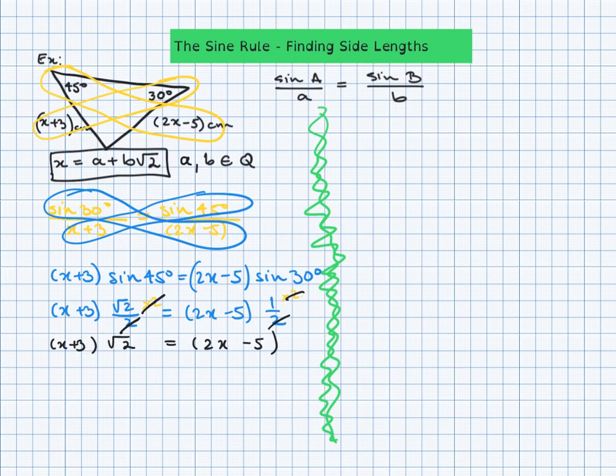What I'm going to do is expand: x times square root of 2, then 3 times square root of 2. That gives me x square root of 2 plus 3 square root of 2, is that correct? Yeah, equal to 2x take away 5.